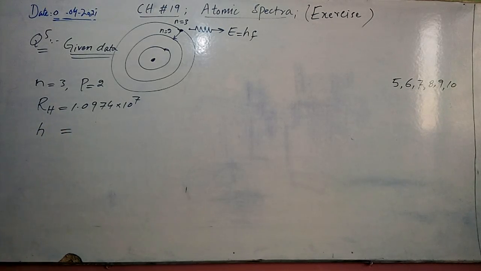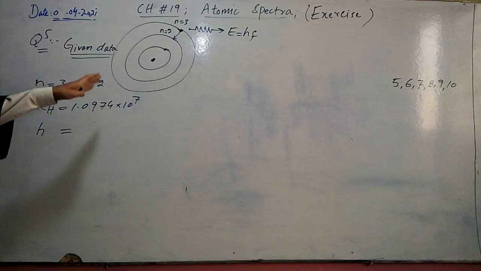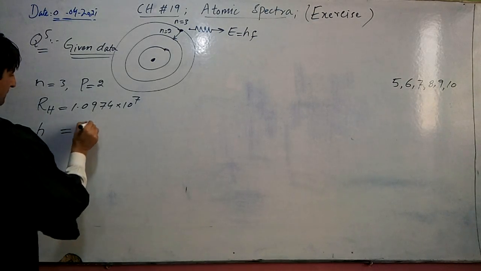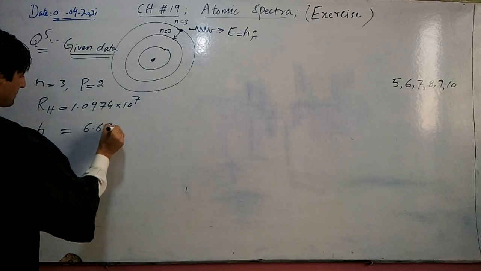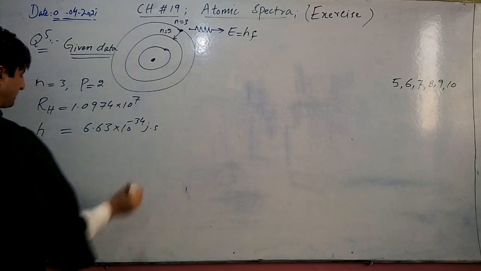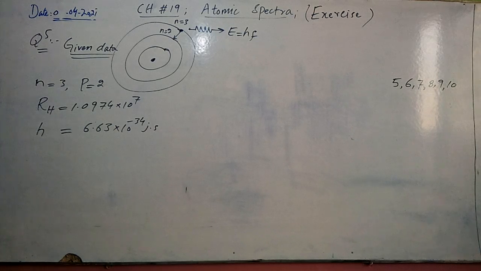These are constants because we will use all of them to find the energy of the photon. h is Planck's constant, its value is 6.63 multiplied by 10 power minus 34 joule second.